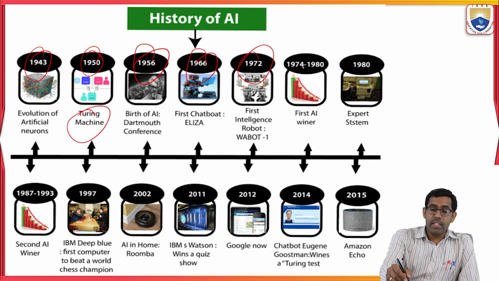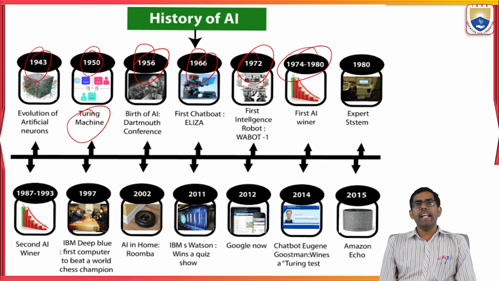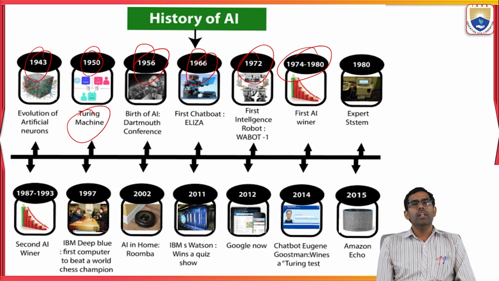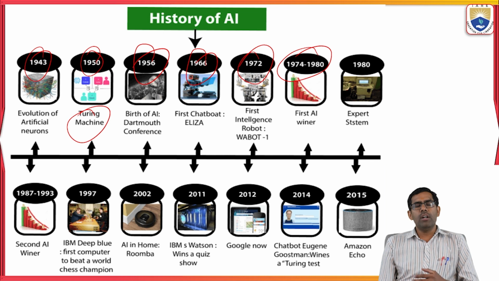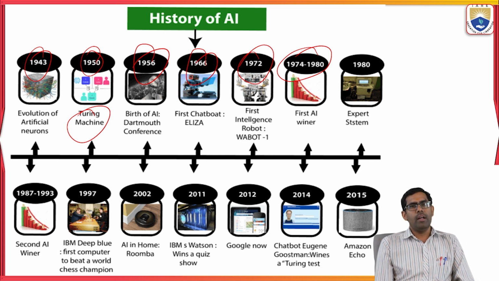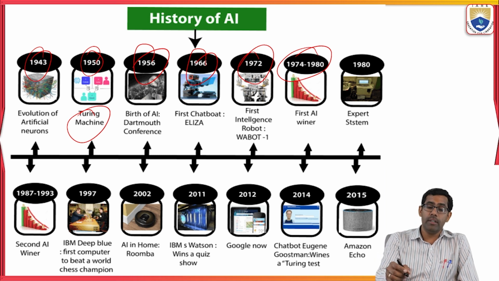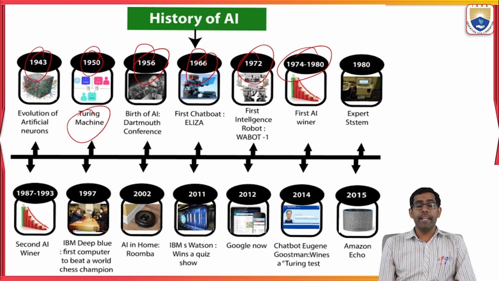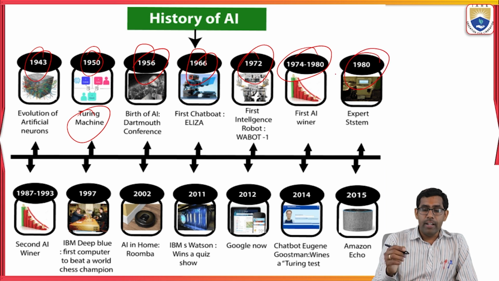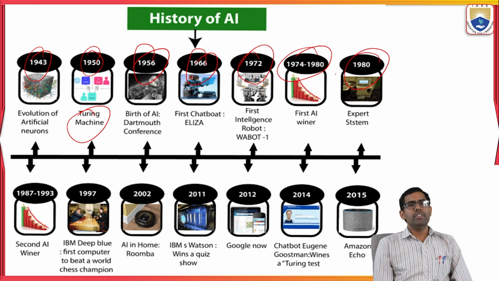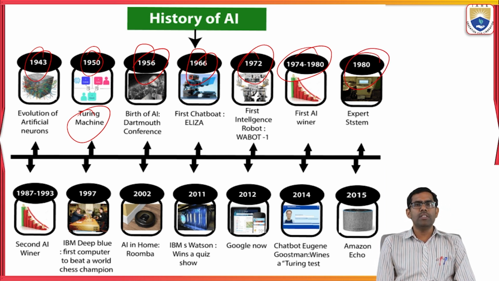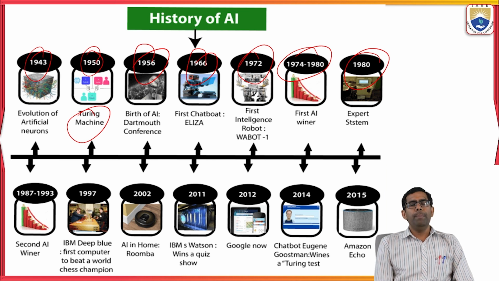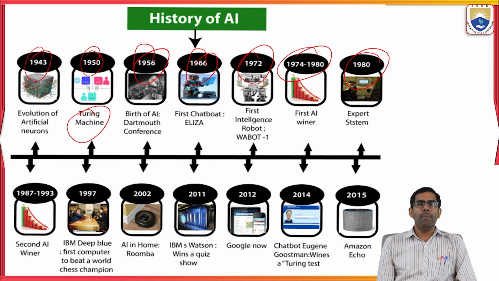Then between 1974 and 1980, the first AI winter. There were two opponents, one the artificial intelligence machine and one the human, and the artificial intelligence won some particular task between 1974 and 80. The next one is 1980, expert systems. Based on expert systems, they design machines to solve particular problems.